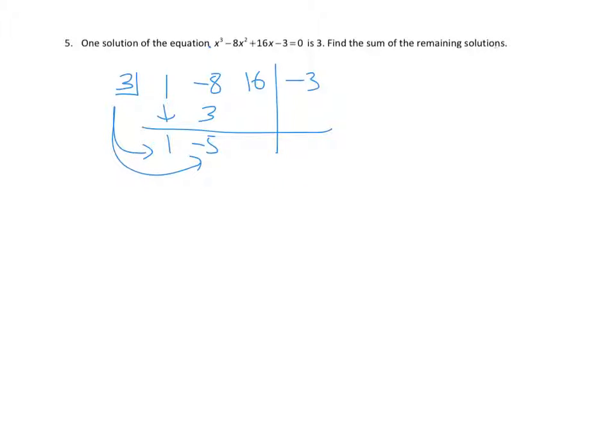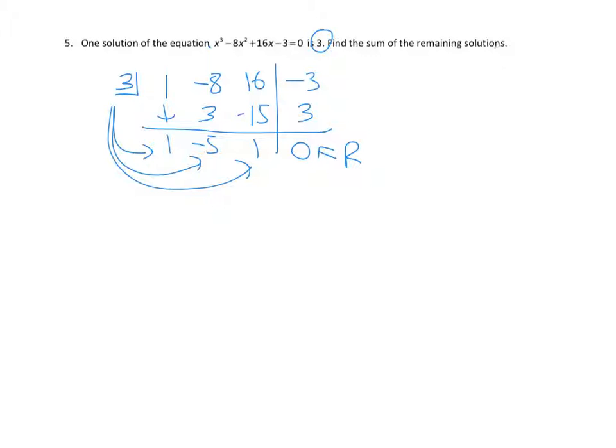Multiply 3 times negative 5, we get negative 15. Add 16 plus negative 15, and we get 1. Multiply 3 times 1, and we get 3. Add, and we get 0, which we should, because if we already know that something is a solution, the remainder should be 0.